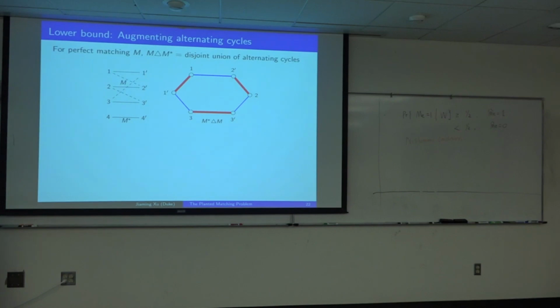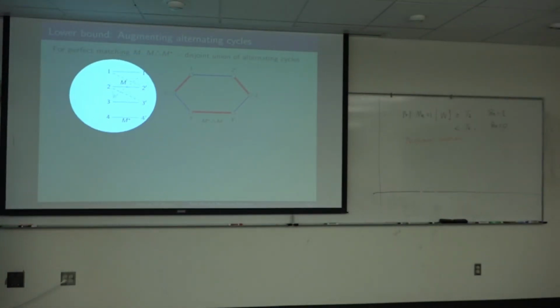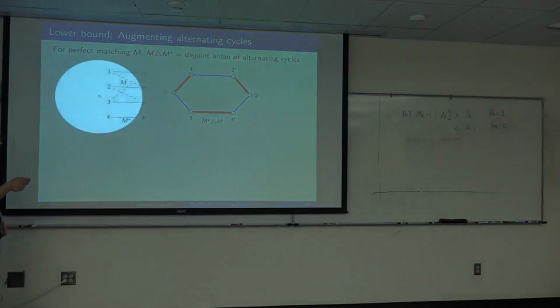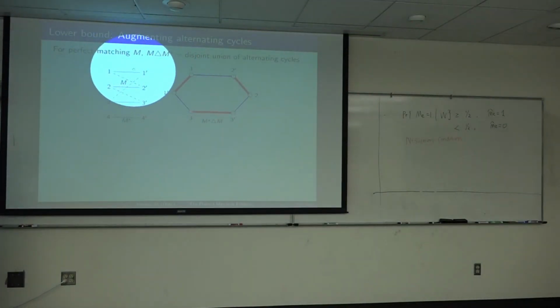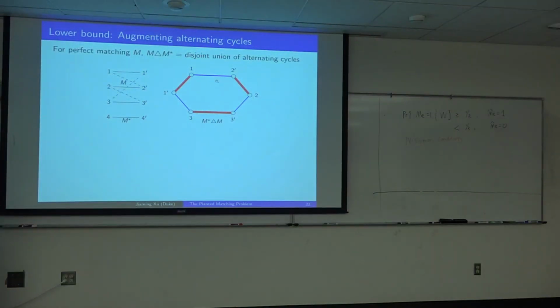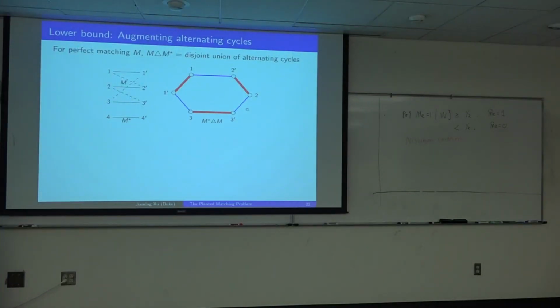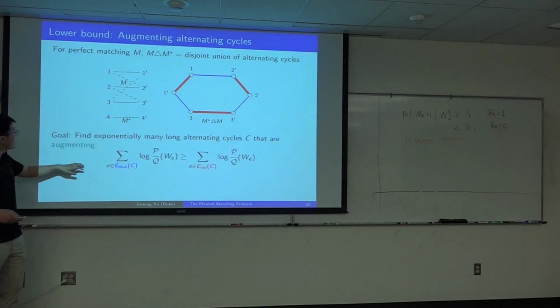And in the difference, you can see that you will have these alternating cycles, right? Here, I use the red edges to denote the edges on the true matching, and the blue edges are the edges not on the true matching. Then you will see this cycle alternate in colors. Make sense? Why this is useful is because, if I remember, my goal is to construct these exponentially many matchings where the likelihood is larger than the true matching.